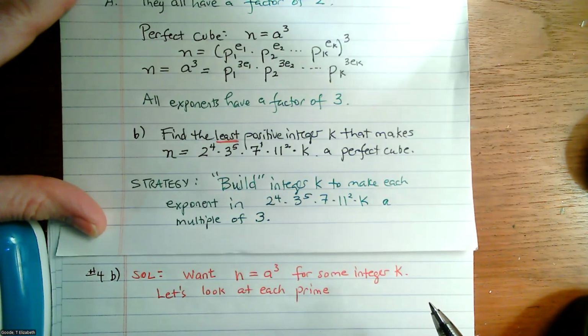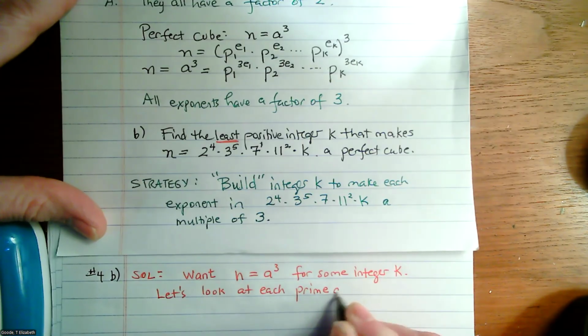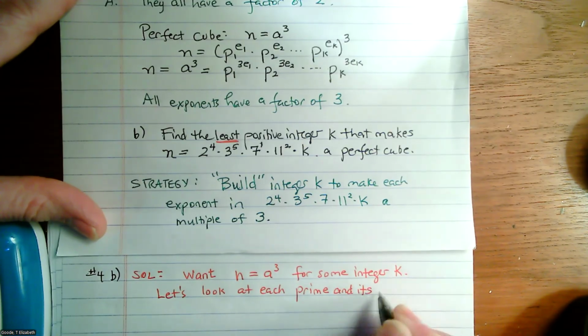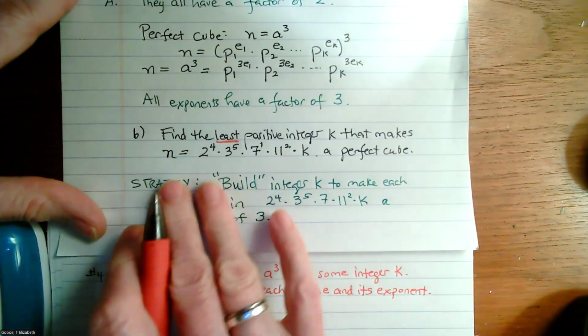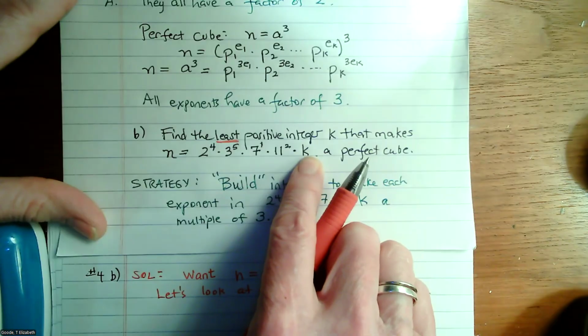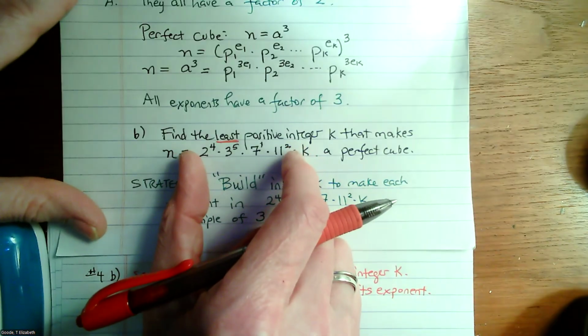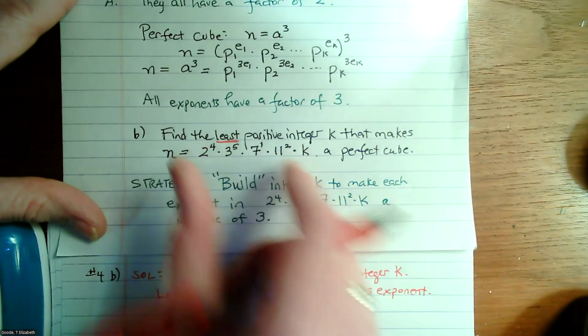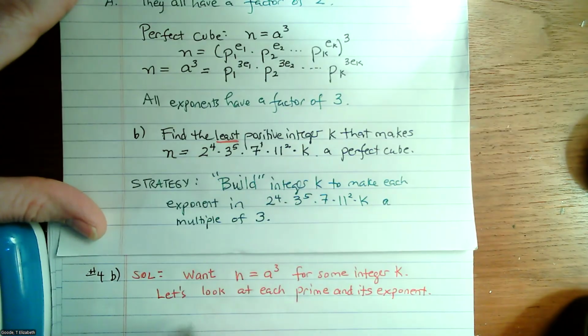So the game is we're going to add some factors, but the game is to add the smallest number of factors to build the smallest k that will make n a perfect cube. So let's look at each prime and its exponent. See the game? Yeah, but you're right. If we just said, okay, we're going to make k equal to whatever the other factor is that would make all of this cubed, that's huge.